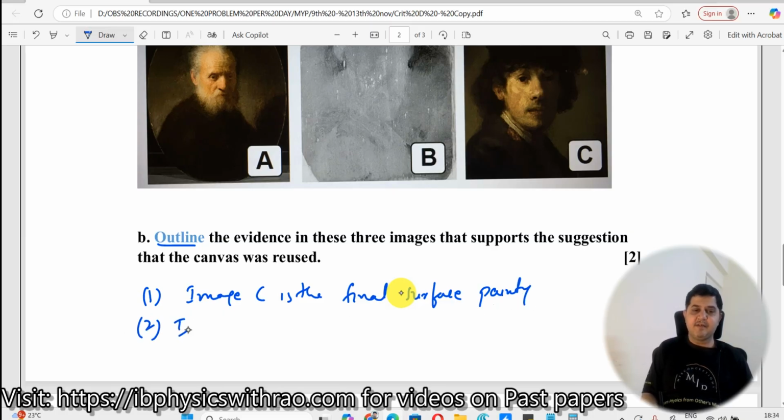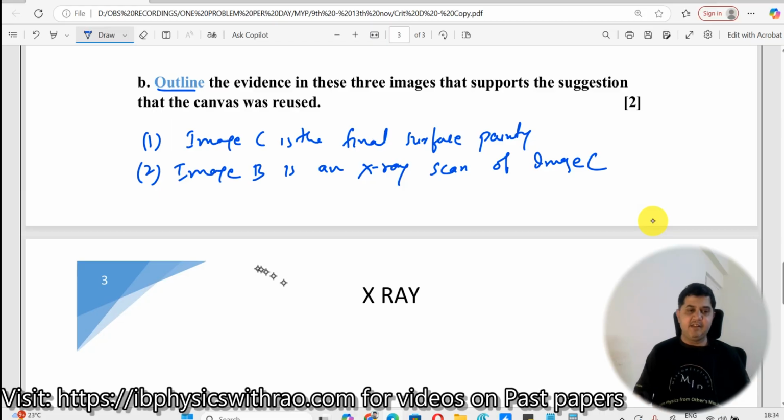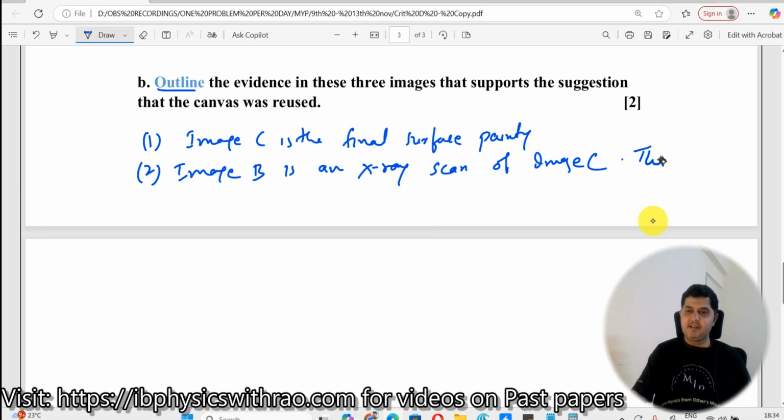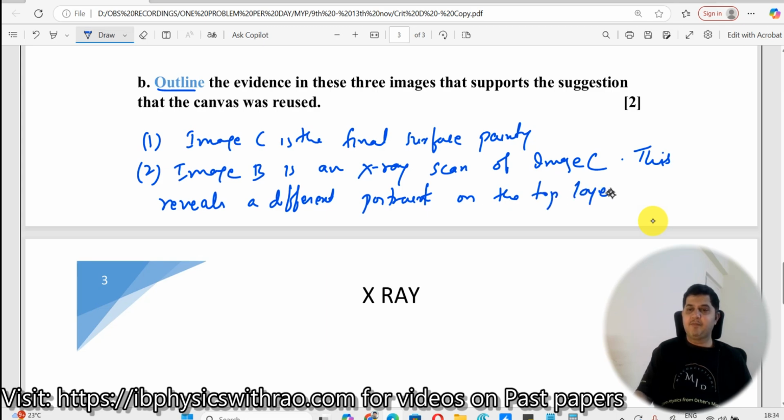Then you can also say image B, the X-ray scan of image C, reveals the different portrait on the top layer.